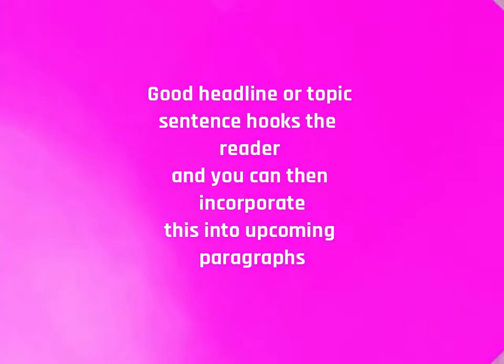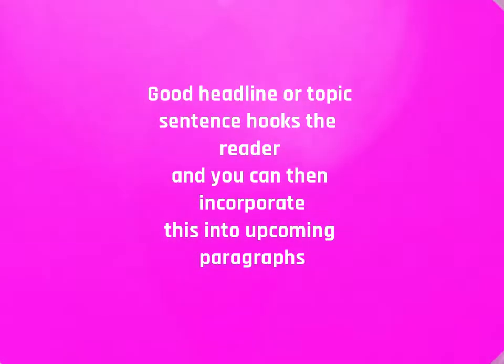So if you have a good headline or a topic sentence at the start of your writing, it piques the reader's attention, it captivates their interests, and washes the reader's pain points. This is very important because then you can incorporate it into your upcoming paragraphs for a maintained, interested piece of writing. It looks a little bit like this.